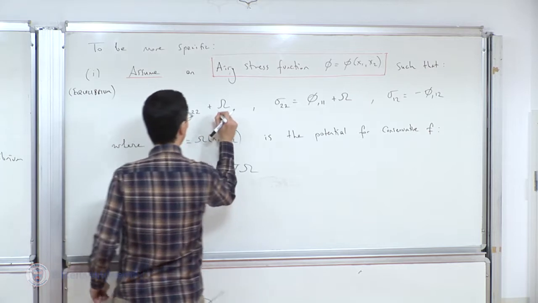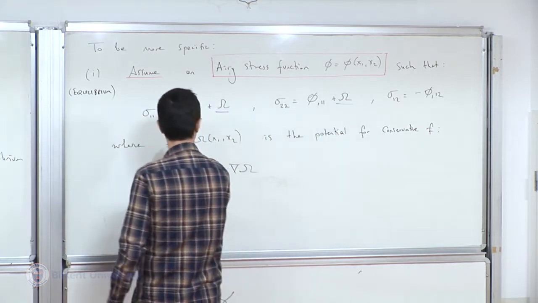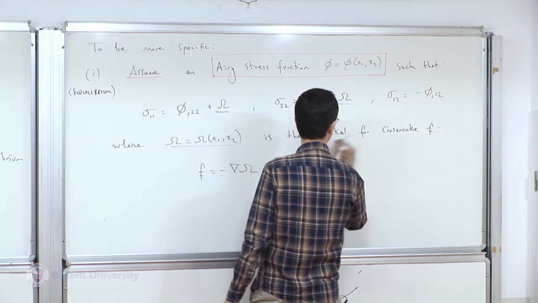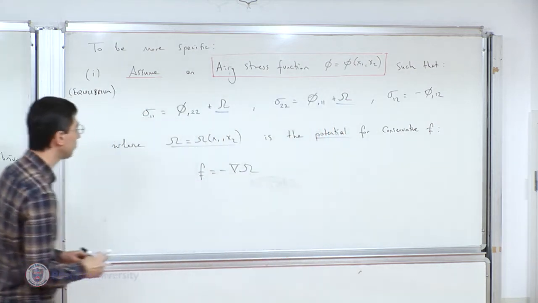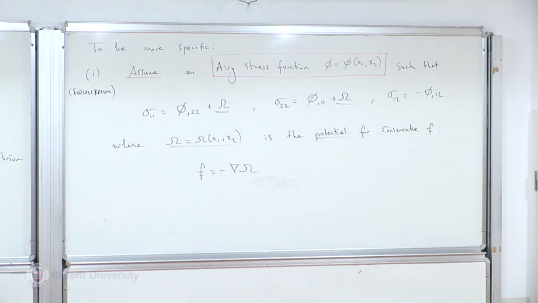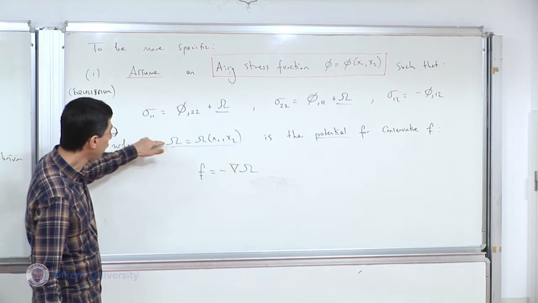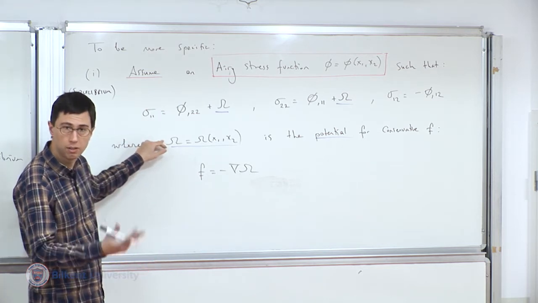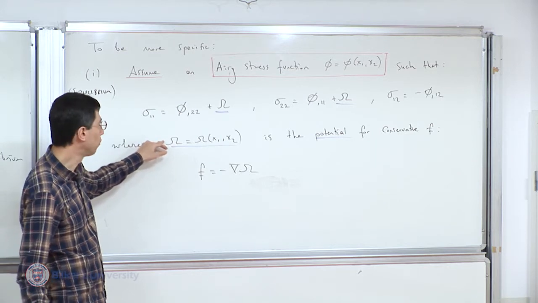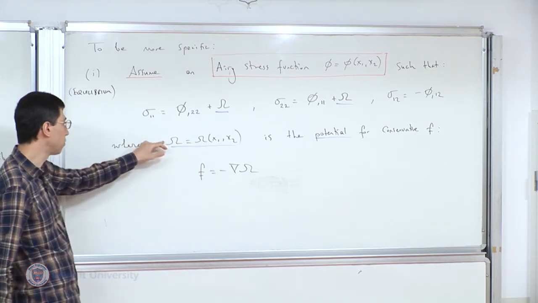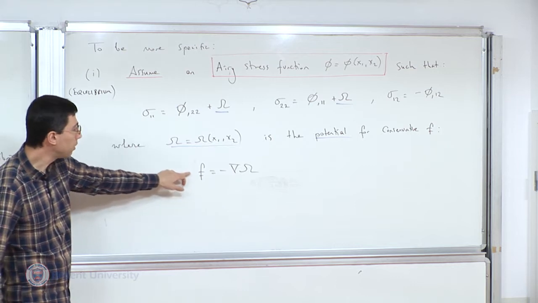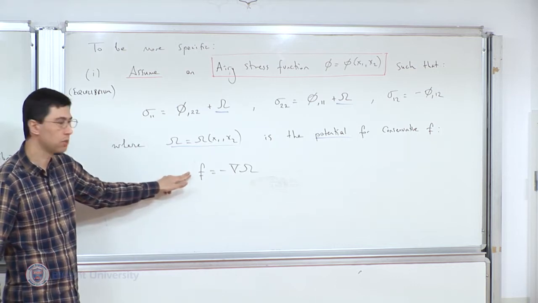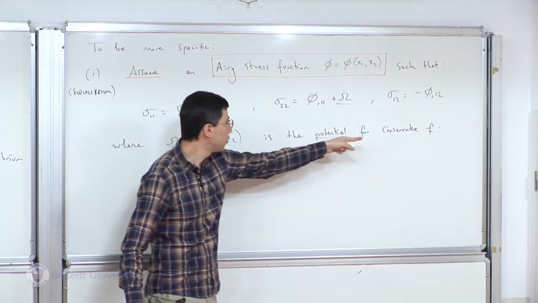Okay, so this is the potential. There may be no body force. If there is no body force, omega is not there, right? But in general, I would like to be able to work with body forces. And in fact, next time when we meet, I'm going to solve an example where we need the existence of a body force. But we are restricting the form of the body forces such that they are conservative.